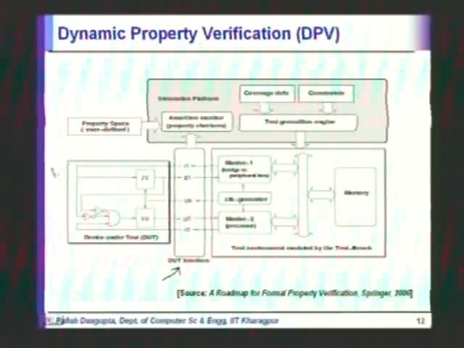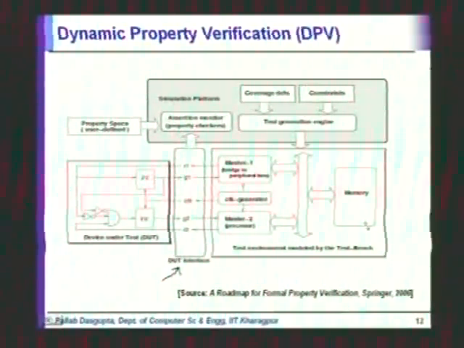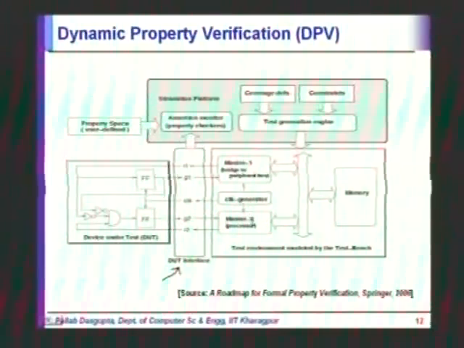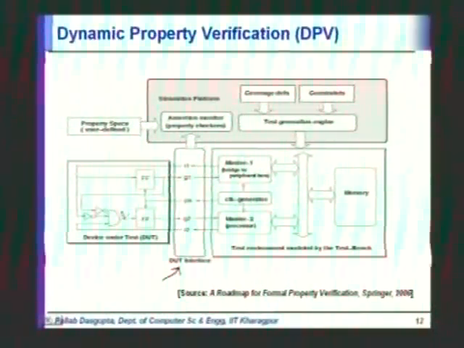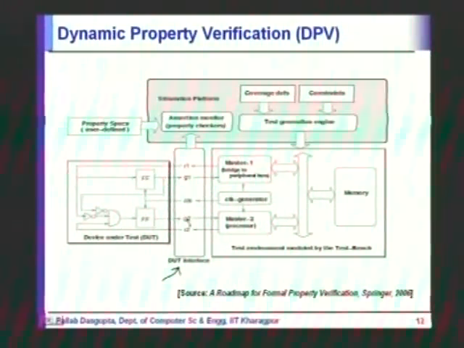So the complete simulation runs like this, that the test environment drives the inputs into the device under test and samples the outputs of the device under test, but this whole interaction takes place through the interface, and the monitor actually reads the signals on the interface and checks whether there is any violation of the properties.